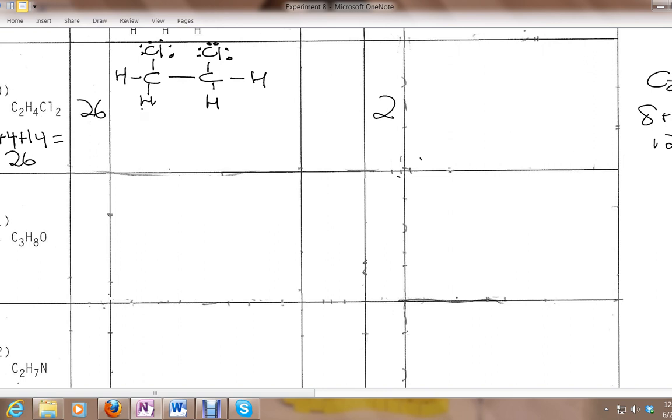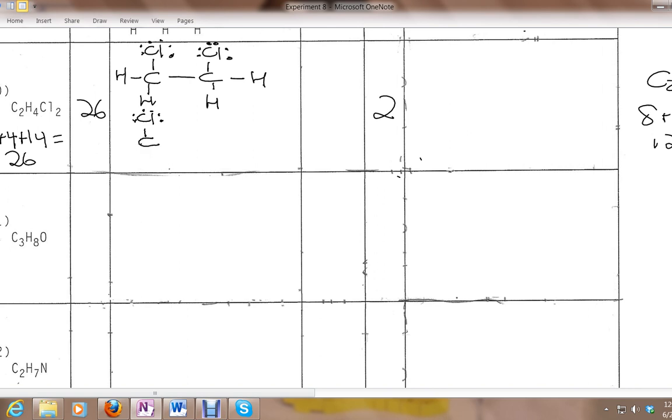Why? Structural. Because the only thing that is going to make a structural isomer is if we put the chlorine in the same carbon. Remember, that's the concept of structural isomers. That's the only thing that could make a change.